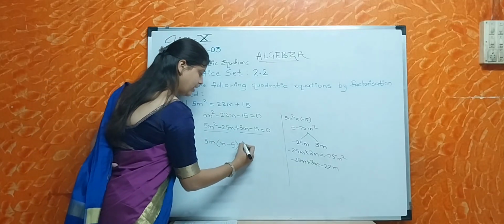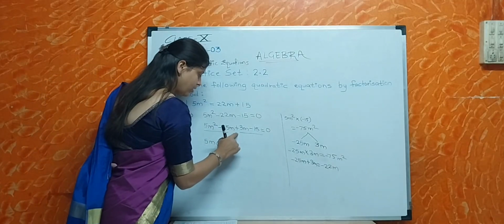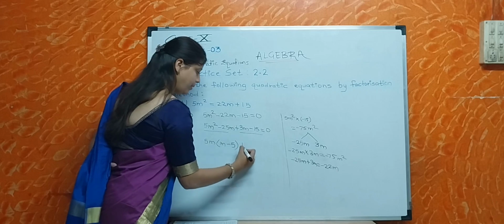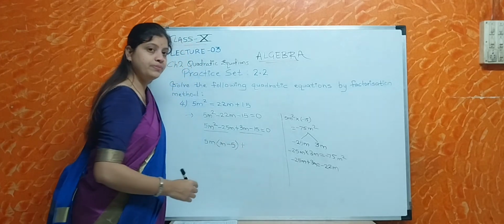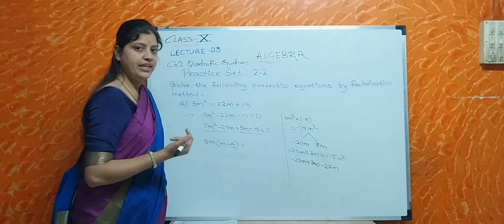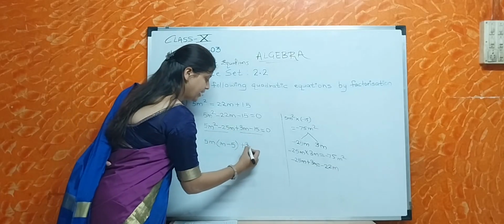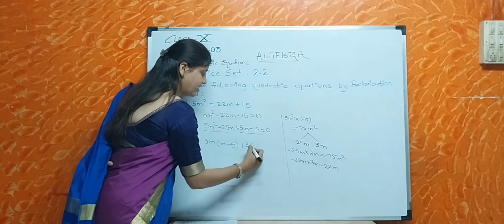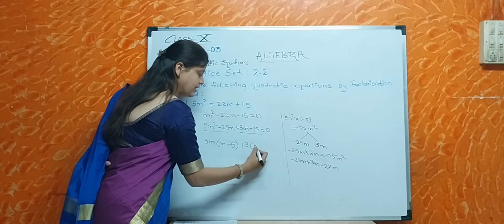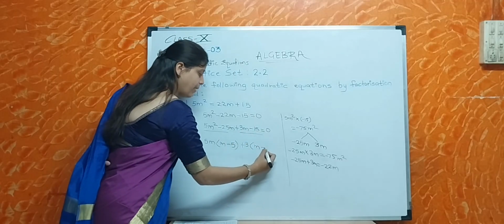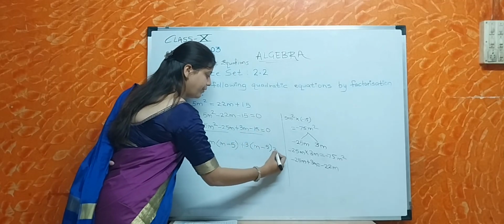Next, what is the sign here? Plus. Now here what is the common? We know that 3 into 1 is 3 and 3 into 5 is 15. So common number here is 3 and remaining is m as it is, and plus minus minus 3 5s are 15.